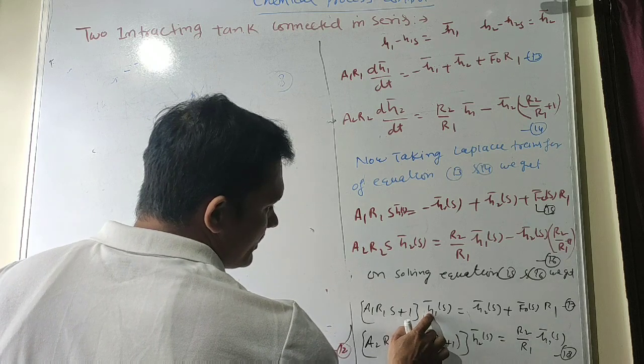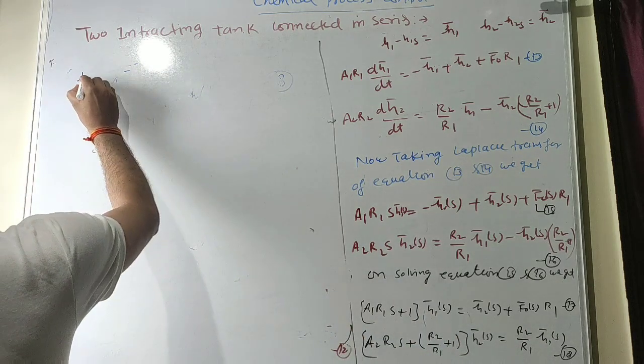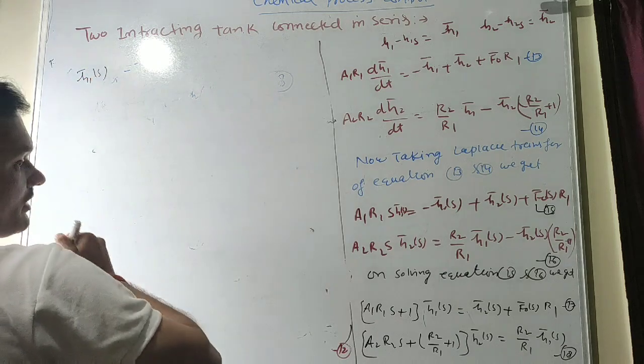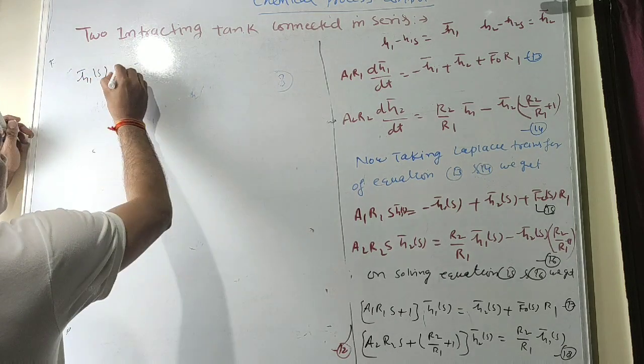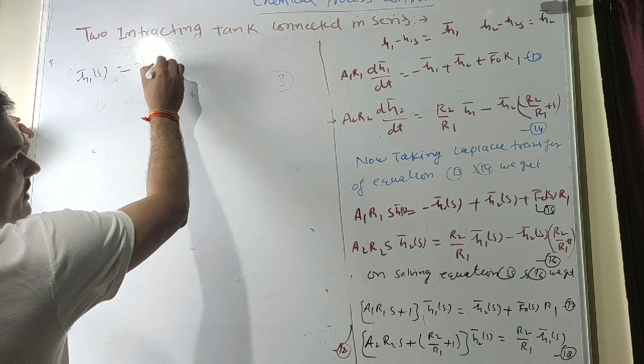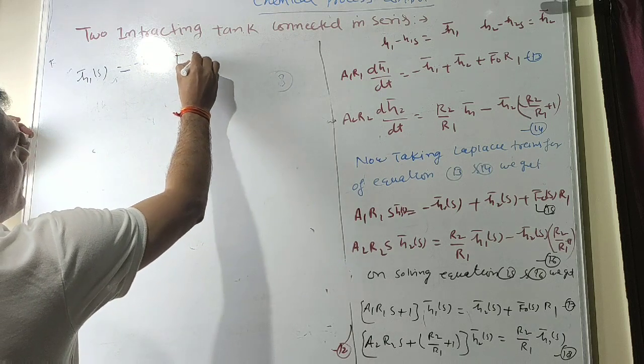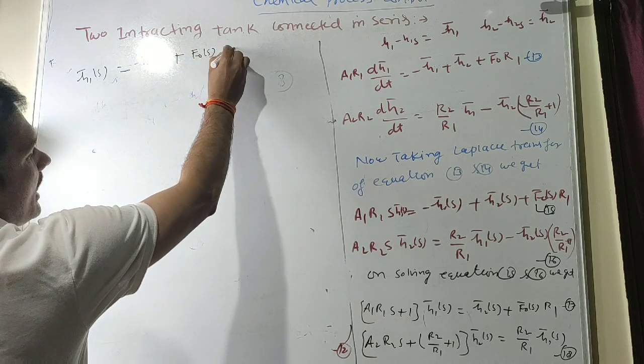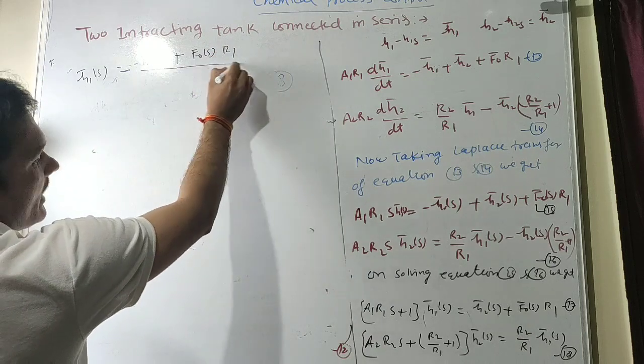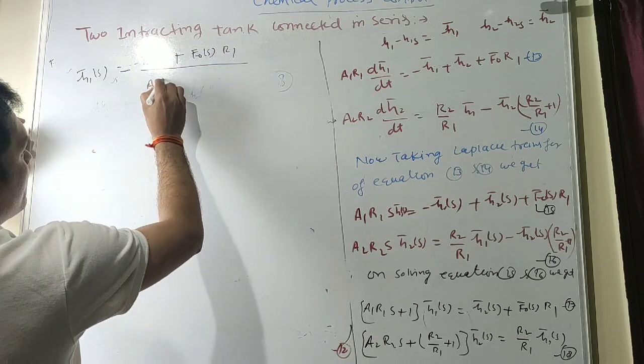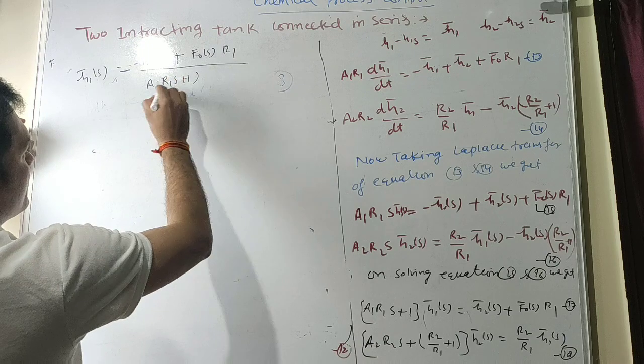The value of h1 bar s from equation 17 will be h2 bar s plus f0 bar s r1 divided by a1 r1 s plus 1.